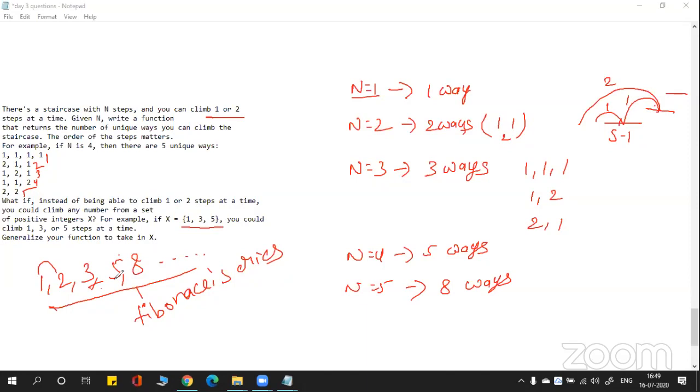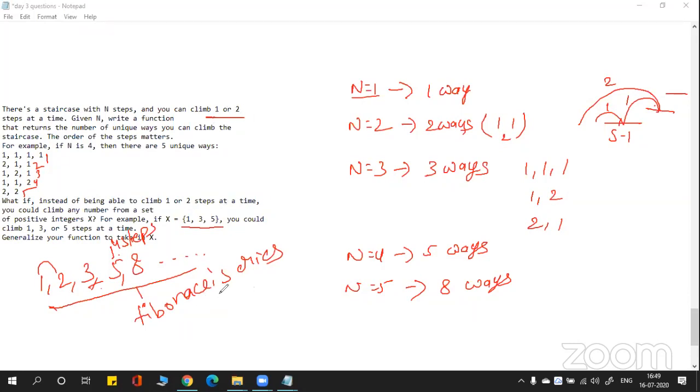For 4 steps, you can climb by using 3 and 2, and in this 3, 1 and 2 are already covered. So it is nothing but the Fibonacci series of 1 and 2.